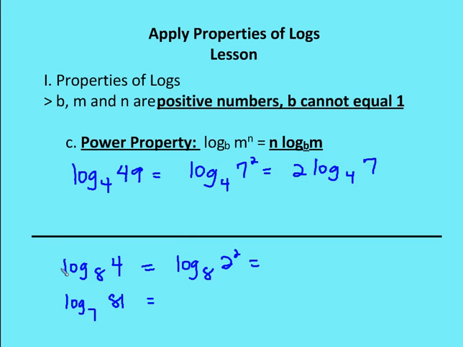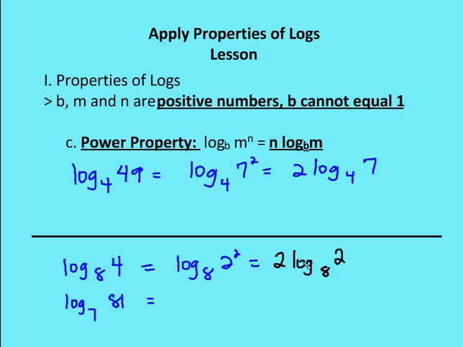All right. In this particular example, I have log base 8 of 4. Now, there are a couple different ways to solve this problem, but I'm just going to use the power property to show you how it works. So I have log base 8 of 2 squared, which leaves me with 2 log base 8 of 2. Now I can simplify log base 8 of 2 into a fraction, right?